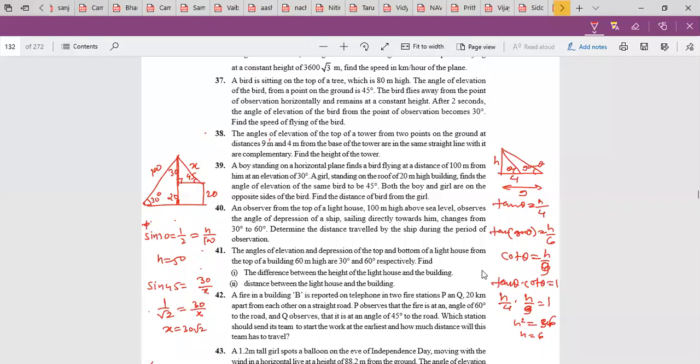Ma'am, 40th one I got 138.8. No, it's 115.5.